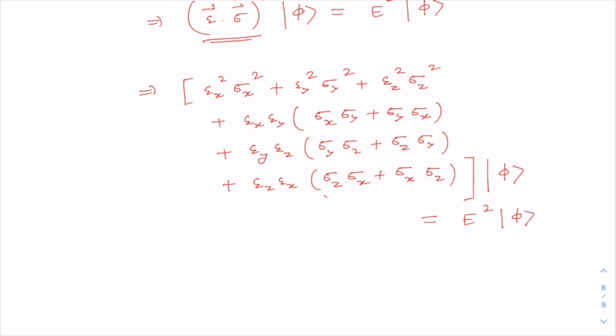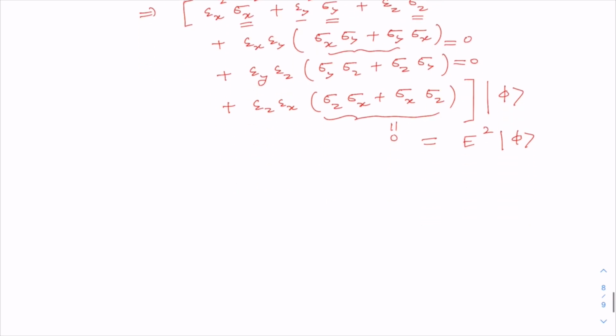Already we know that there is an anti-commutation relation between sigma z and sigma x. Similarly, all these terms anti-commute, so they would be 0. On the other hand, sigma x square, sigma y square, sigma z square are identity, so we will be left with epsilon x square plus epsilon y square plus epsilon z square applied on this ket phi.